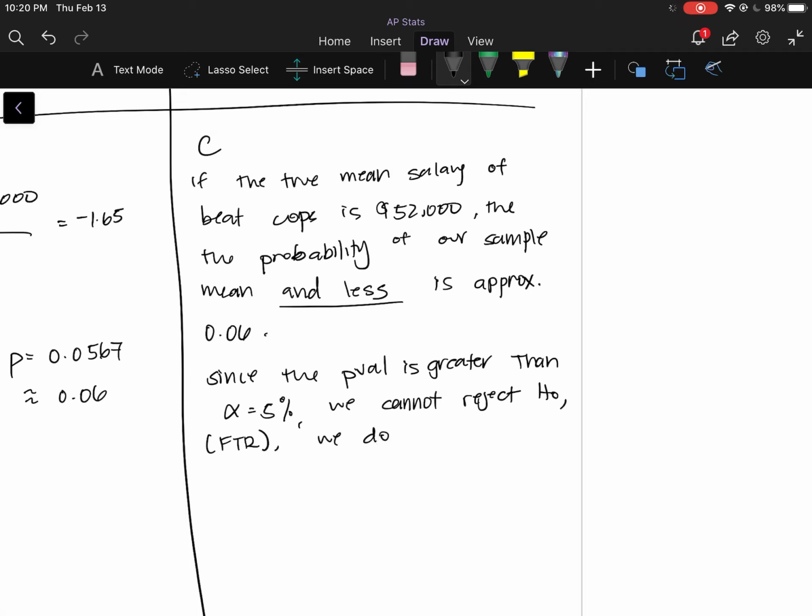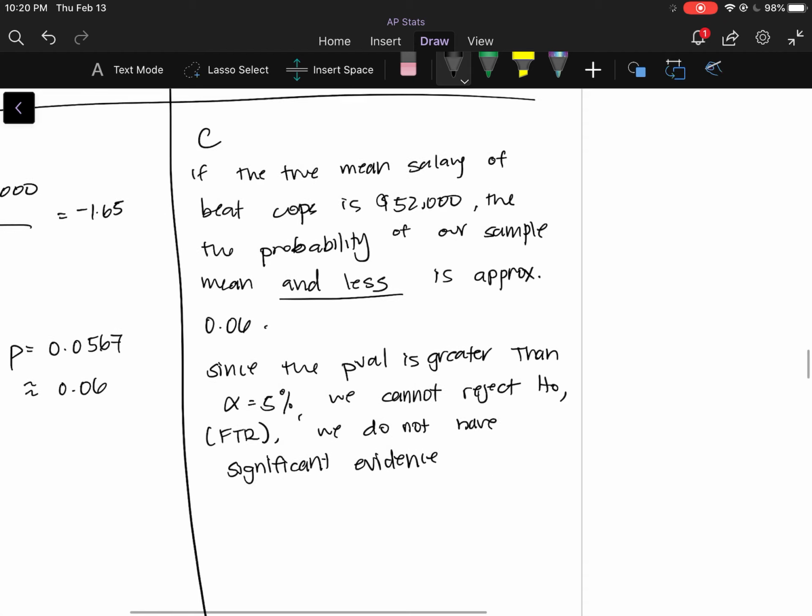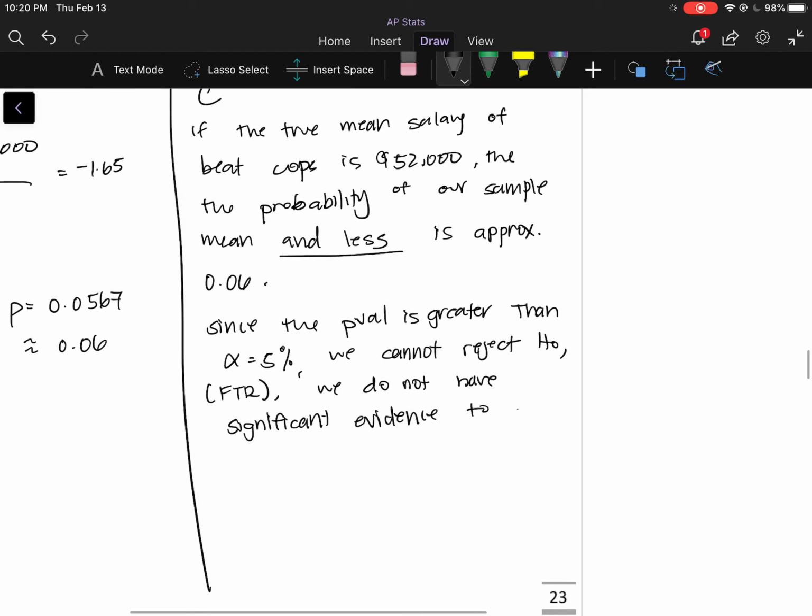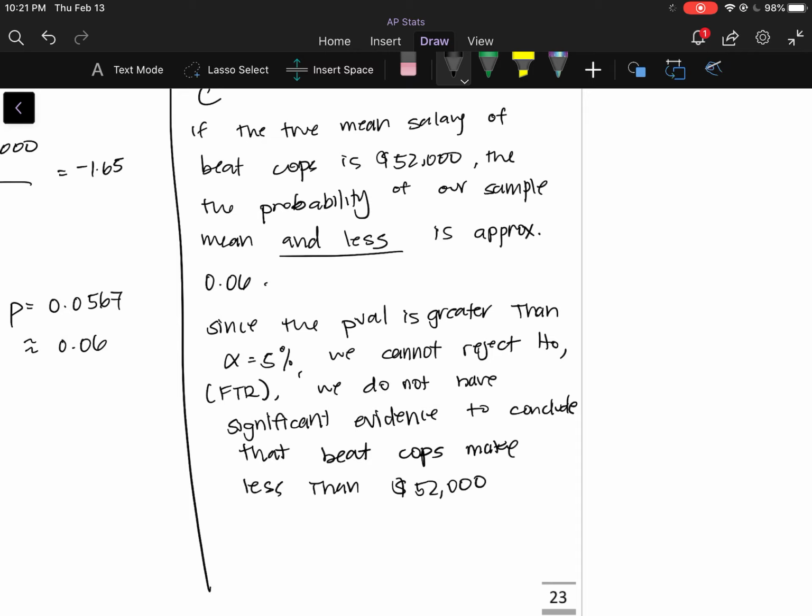We do not have significant evidence to conclude that beat cops make less than $52,000 a year. Okay.